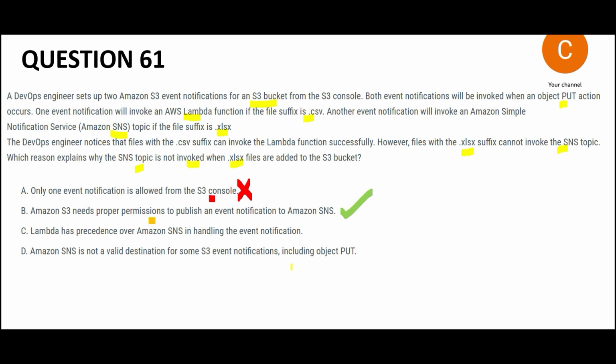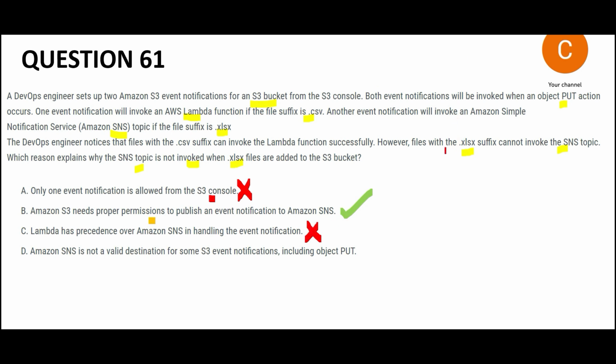C is another one where the option does not look correct, because it is saying that only lambda will have the precedence. So in this scenario, if we have lambda and SNS, that means never will SNS be able to send a message. That cannot be correct, right? That looks a bit silly.